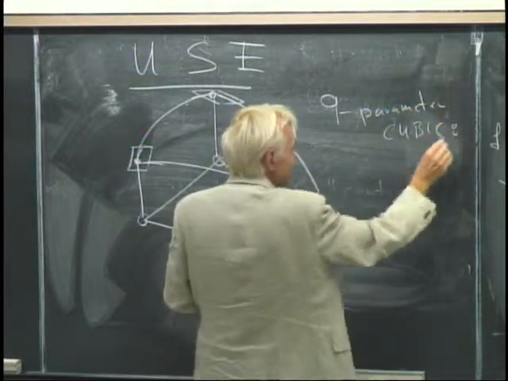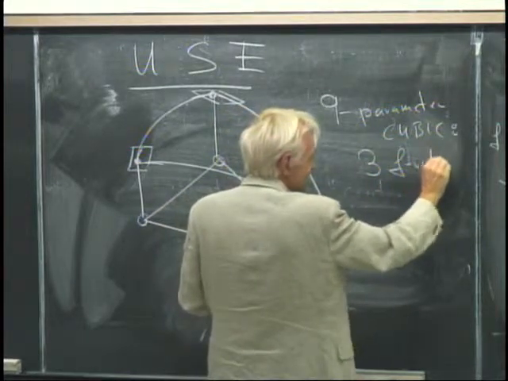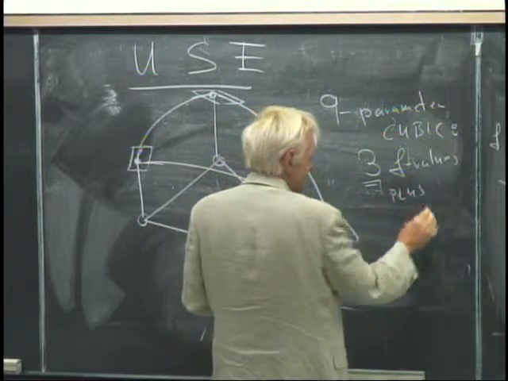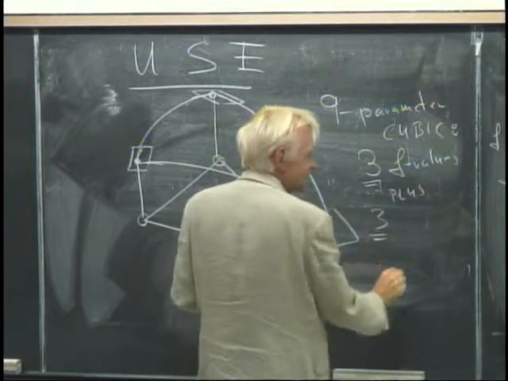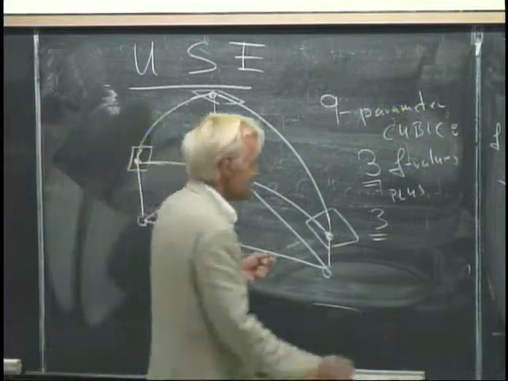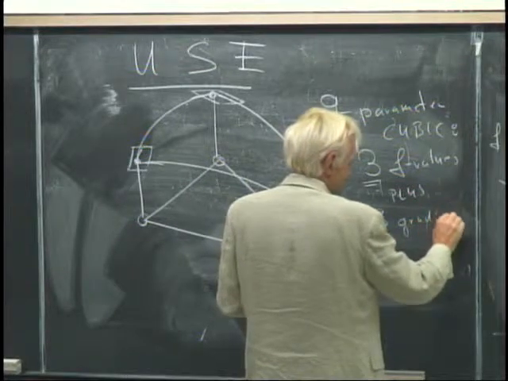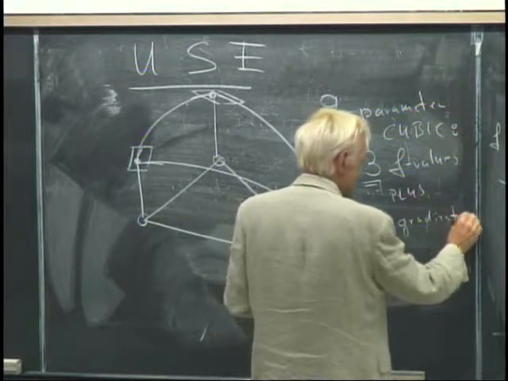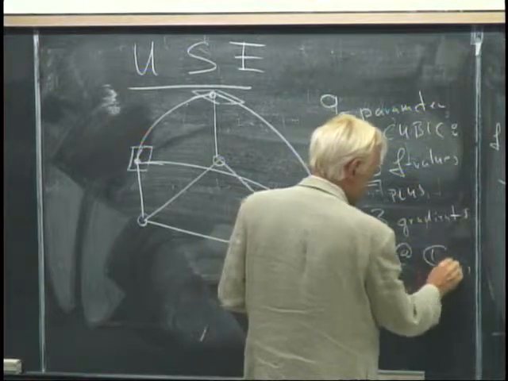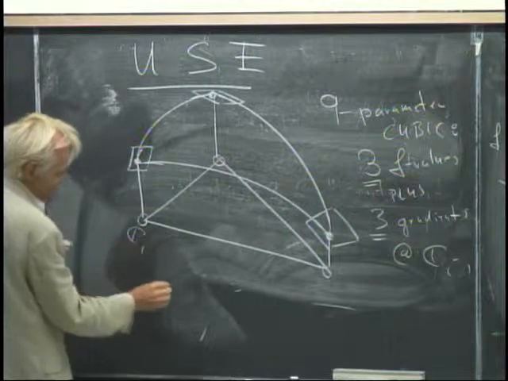The input is 3 f values plus 3 gradient estimates, really, at the corners ci, those are our corners, c1, c2, c3.